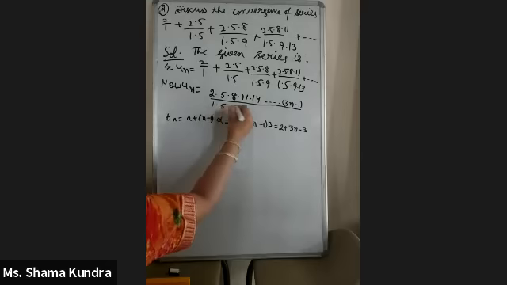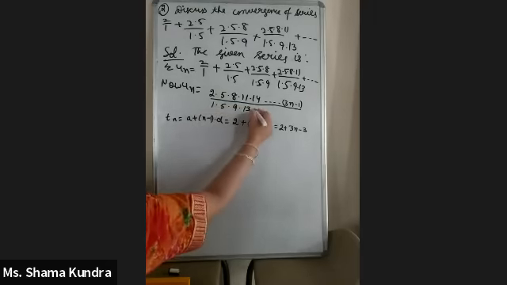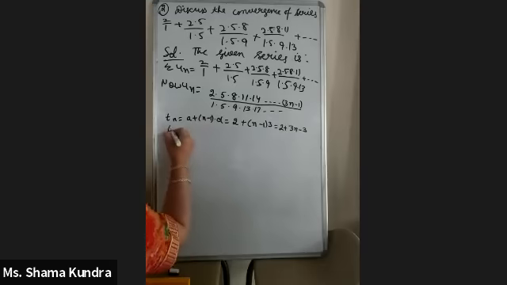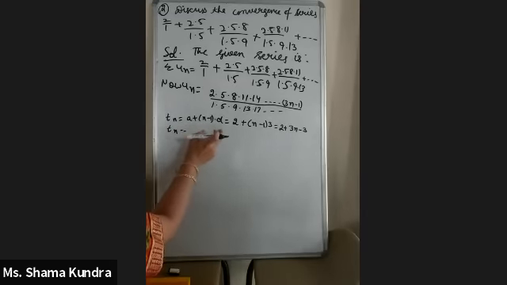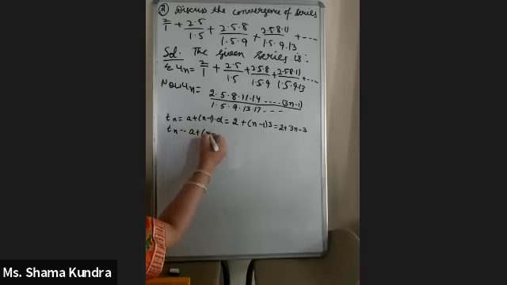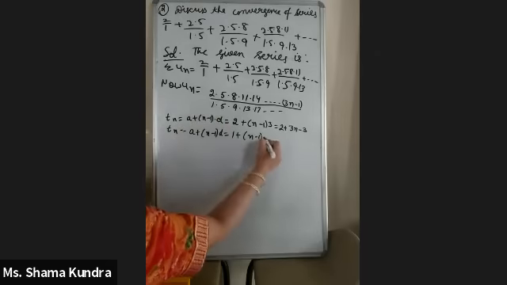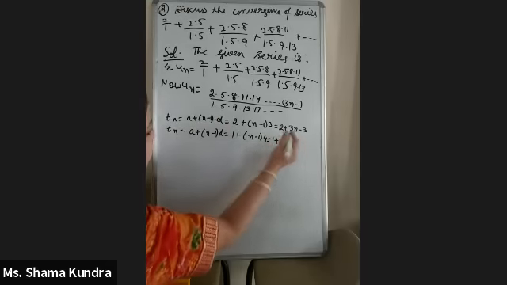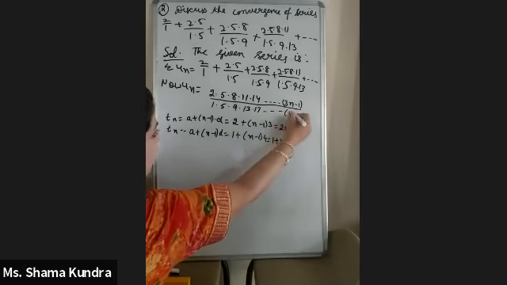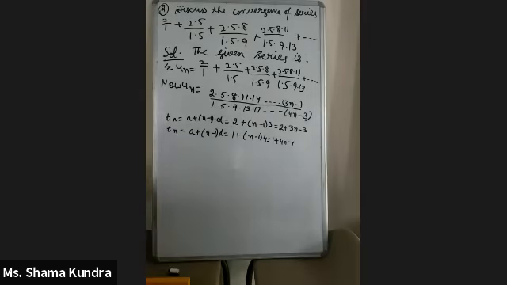If difference is more than 1, we have to use this formula. 1 plus 4n minus 4. It will be 4n minus 3.